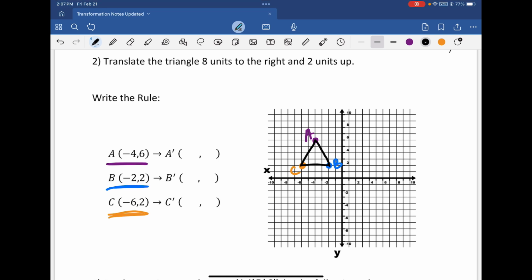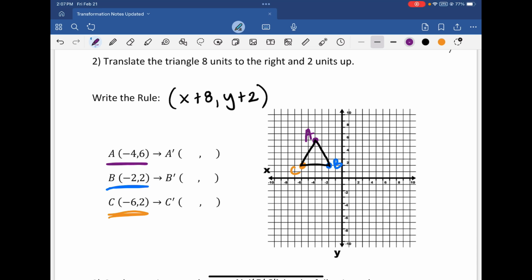And now we're going to translate the triangle 8 units to the right and 2 units up. Before I do anything on my graph, let's just write the rule. We have x, and let's see, we move 8 to the right, which is a +8. And for my y, I move 2 units up, which is a +2. So my rule is x plus 8 and y plus 2. So what you can do is, if you want to, you can do what we did on the last problem where we just count each point on the graph and we move it.